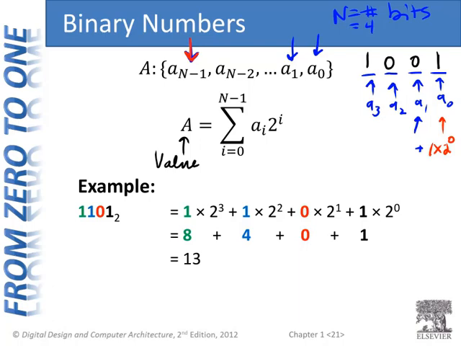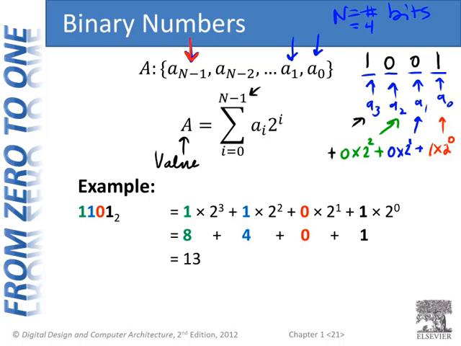So a sub 1 is 0 times 2 to the I, which we're at I equals 1, so 2 to the 1. Sum it, or add it to the next value in our summation, I equals 2. So a sub 2, in this case is 0, times 2 to the 2, 4. And finally we add it to our last I in the summation, I equals 3. So we're going to n minus 1.